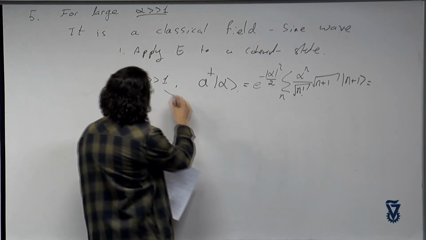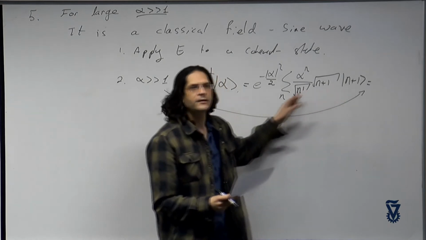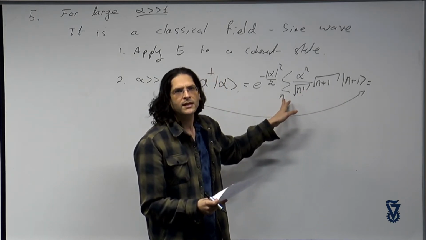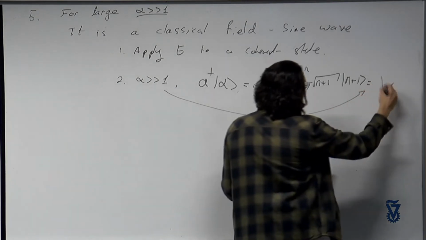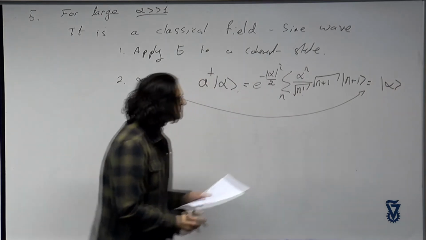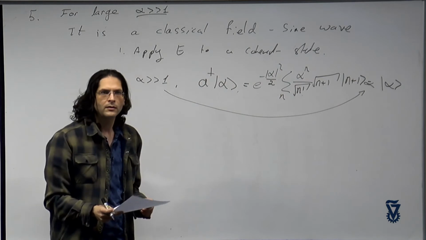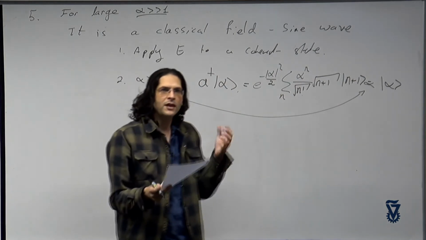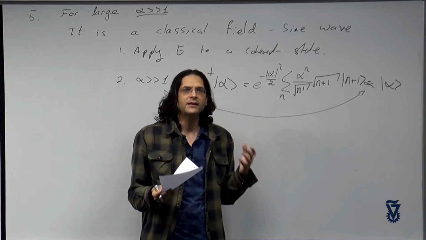If you take this limit, you can see that it's just alpha itself, or proportional to alpha, basically. For very, very large n's, n and n plus 1 are practically the same thing.